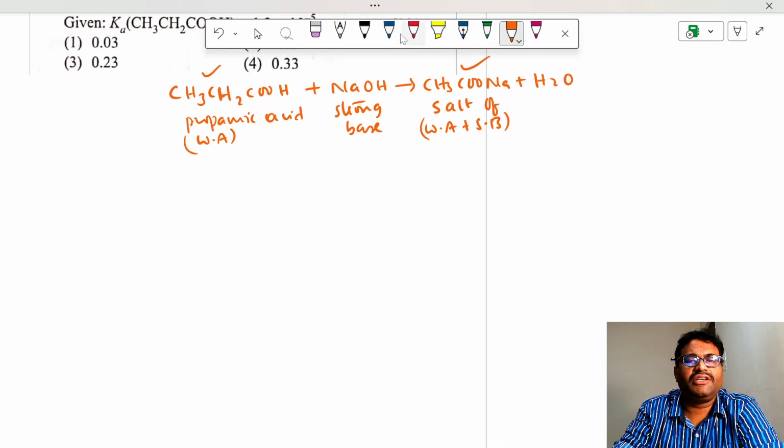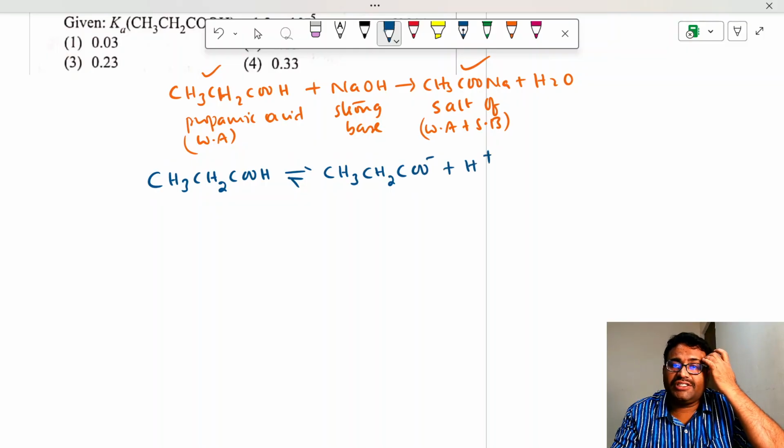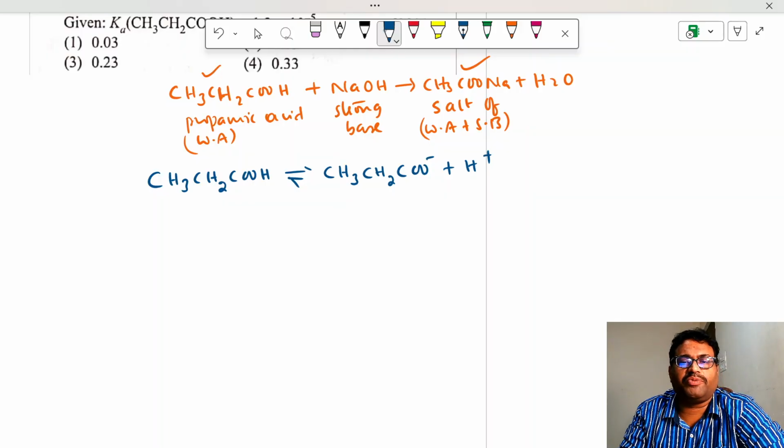Now let us see propanoic acid, CH3CH2COOH, and its dissociation gives CH3CH2COO minus and H plus. This is the dissociation of the weak acid, propanoic acid.